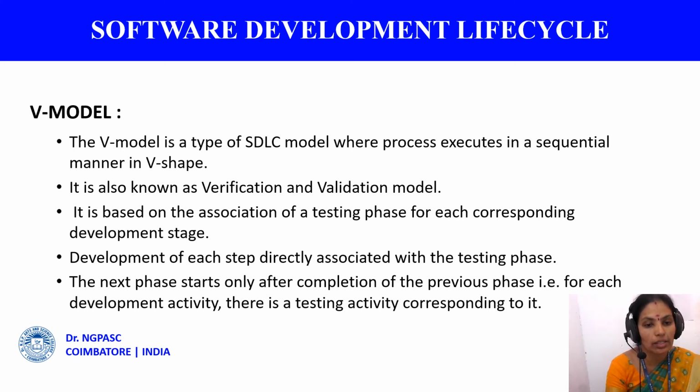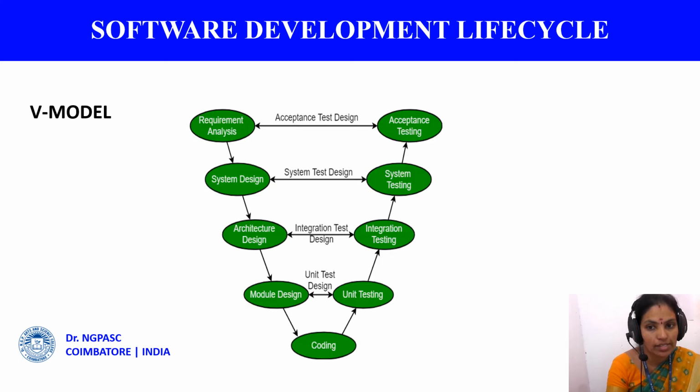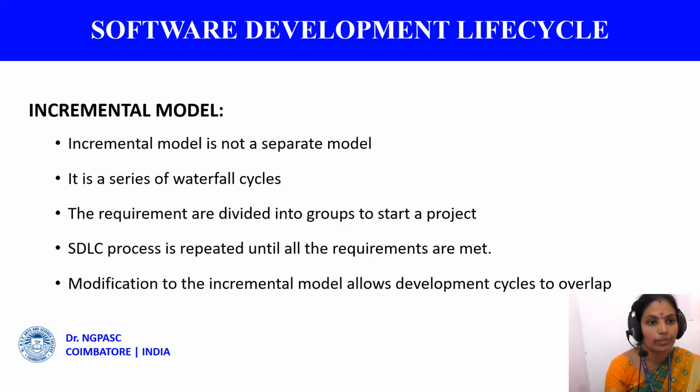Development of each step is directly associated with the testing phase. The next phase starts only after completion of the previous phase. That is, once testing of each phase is over, we can move on to the next phase. This is the diagrammatic representation of the V model. Here we have all the phases with a corresponding testing phase for each. It looks like a V. That's why this is called the V model.